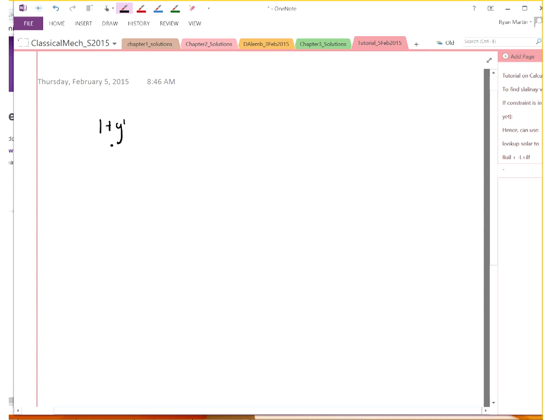So if I square it and invert it, I have 1 plus y prime squared divided by 1 over the square root of y plus lambda, squared, and that's equal to 1 over k squared, which I can just call c.